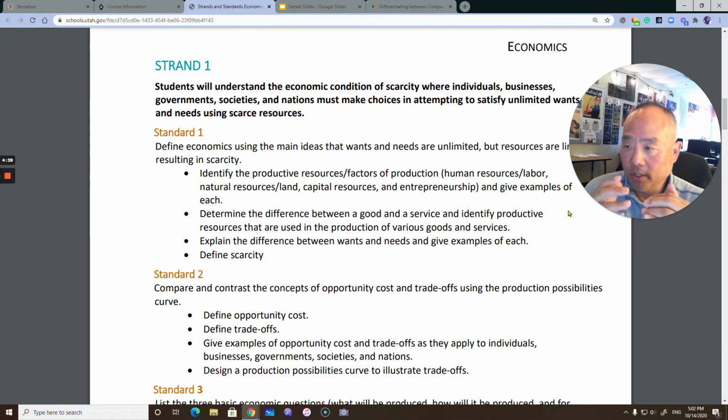So in standard 1, you need to be able to define economics. One way you can define economics is to simply say economics is a social science and it is the science of choice. It is how people decide how to allocate scarce resources.